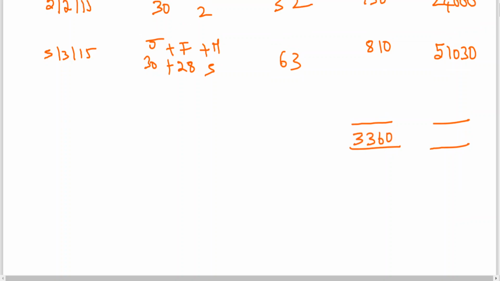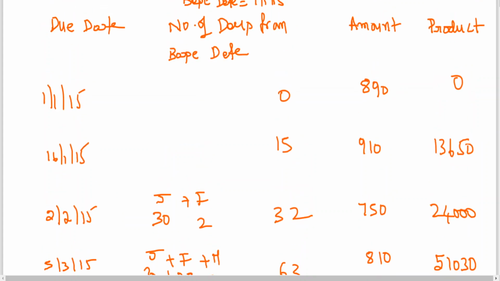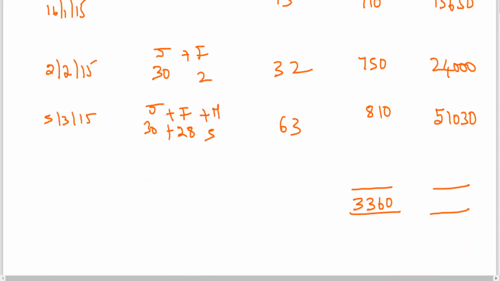Okay, look at the product: 13,650 plus 24,000 plus 51,030 is 88,680. Okay, clear to all of you.